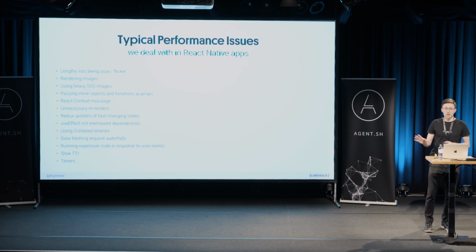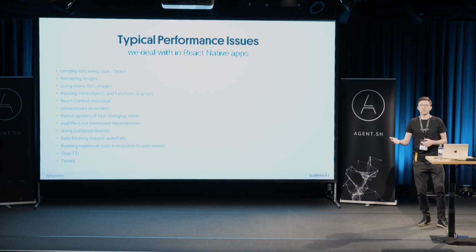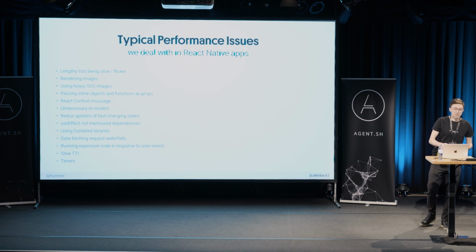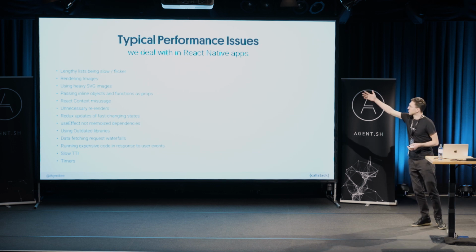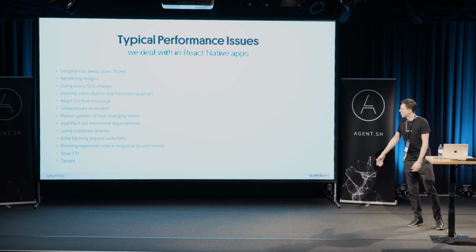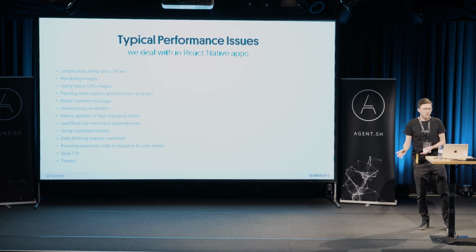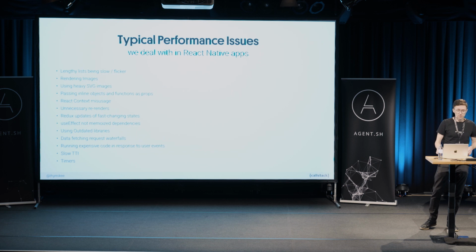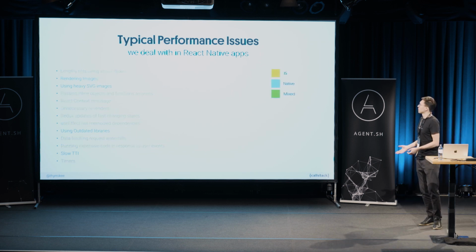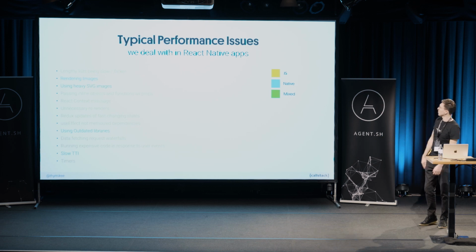At the time, I ran a small survey to see what kind of performance issues my colleagues deal with daily. And there were slow lists, rendering issues, heavy SVGs, unnecessary re-renders, use effect, some outdated libraries. Yeah, it's pretty React Native specific, but that's all right, because if we look at the origin of issue point of view, we see that most of this is yellow, and yellow is JavaScript.